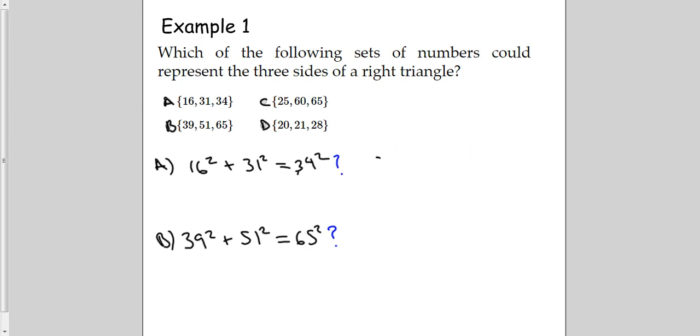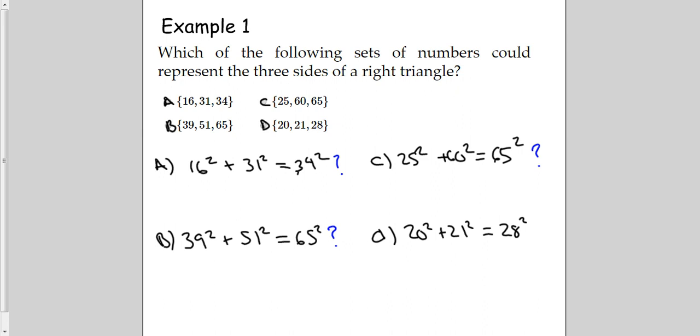For choice C, 25 squared plus 60 squared, does it equal 65 squared? We got to check. And choice D, 20 squared plus 21 squared, does it equal 28 squared? We got to check. Only one of these can satisfy the Pythagorean theorem. We have to see which one.